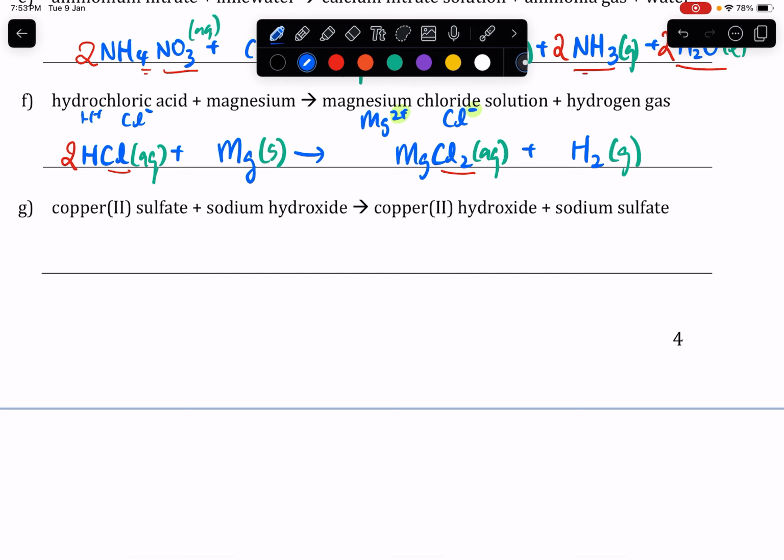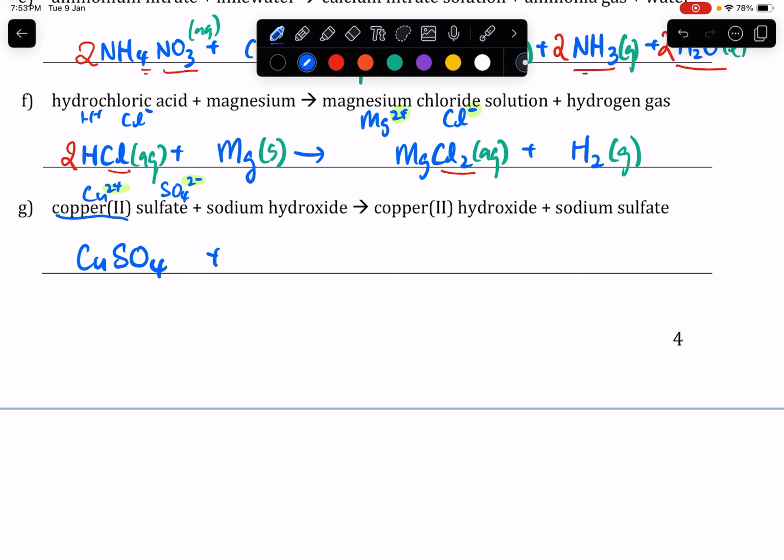Last but not least, and this is something that you will see when we do qualitative analysis, a property that we make use of. Okay, copper 2 sulfate. Copper is a transition metal, so it tells you the charge here, Cu2 plus, sulfate is SO4 2 minus. So you can see that the charge balances already, therefore CuSO4.